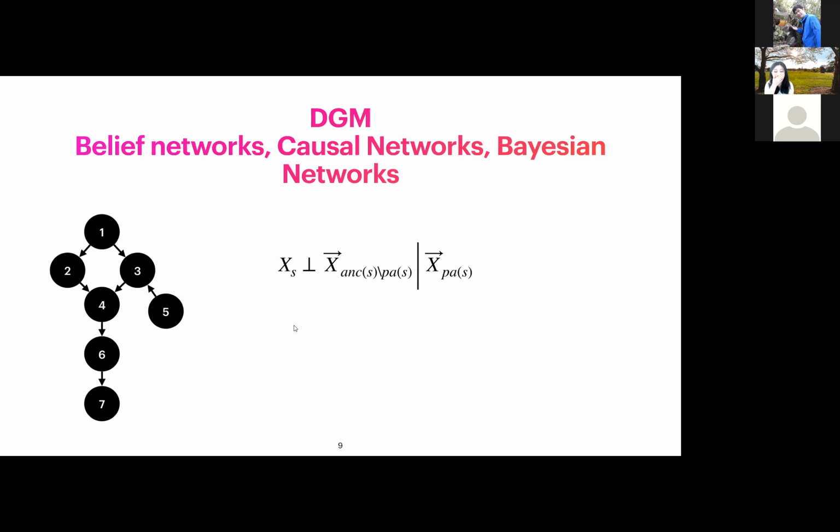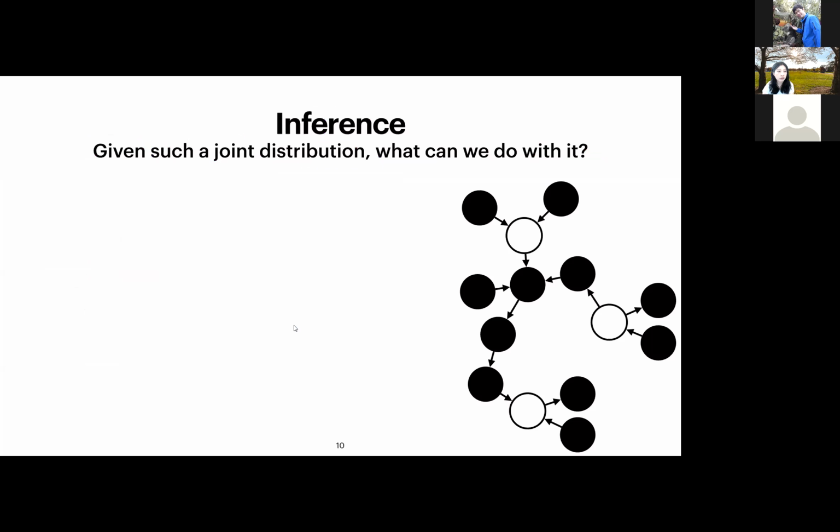I don't know if there are other questions, but I'll continue. We talked about conditional independence, but a lot of you will be curious about what inference is. How do we do inference in a graphical model? What does inference mean in a graphical model? You might have heard about that.